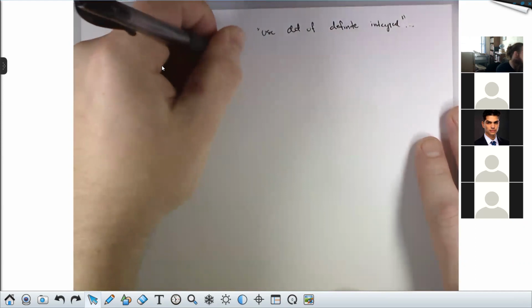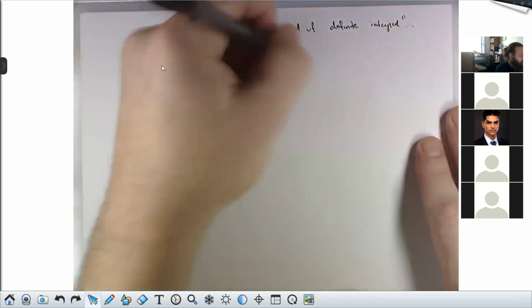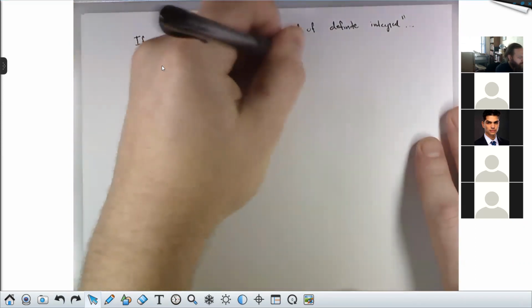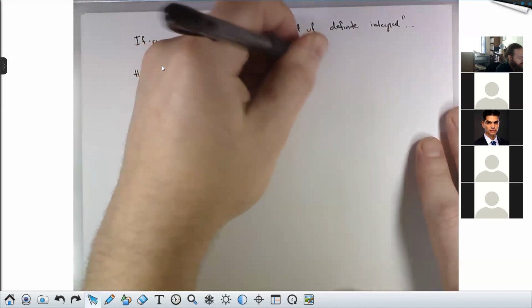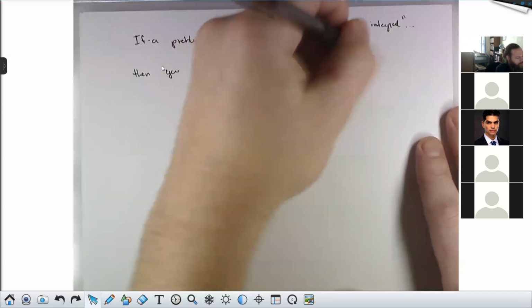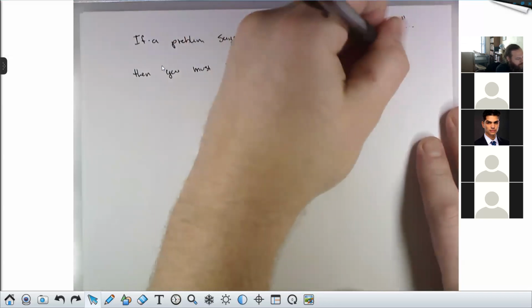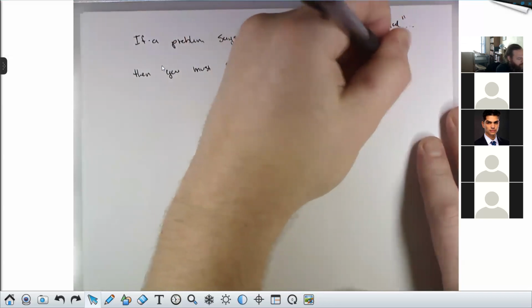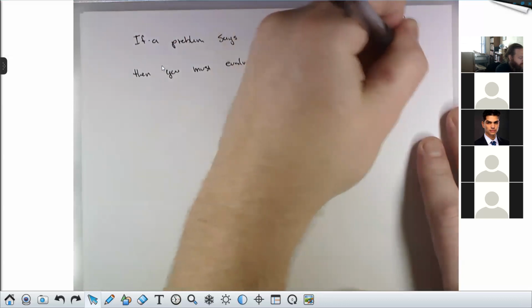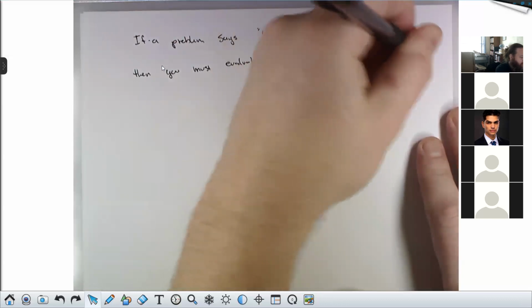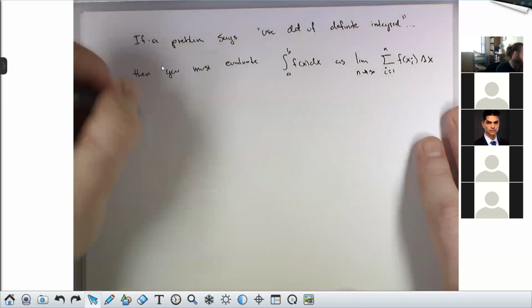Then you must evaluate the integral from a to b of f of x dx as the limit as n goes to infinity of the sum from i equals 1 to n of f of xi times delta x.